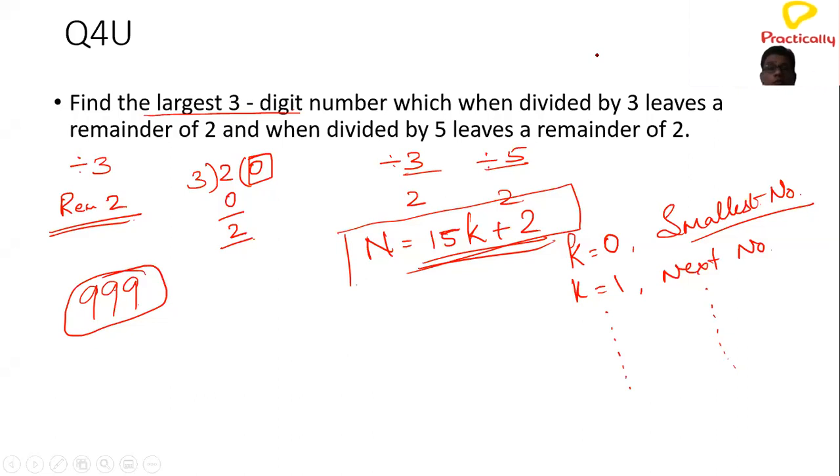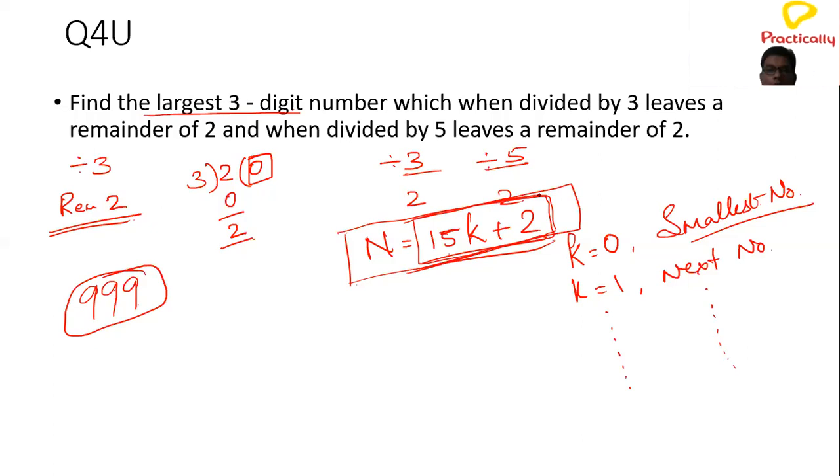We are looking into the smallest number as such, which can be a single digit or a double digit, but the smallest. Now I'm looking into the largest 3-digit number. The largest 3-digit number is 999, right? But I am looking into a number which is a multiple of 15 and then plus 2.